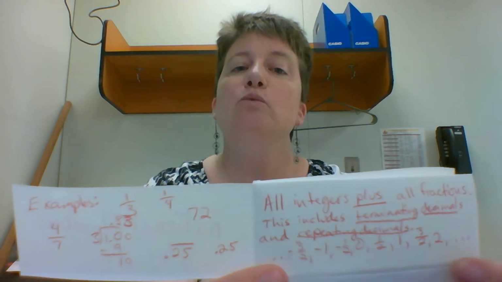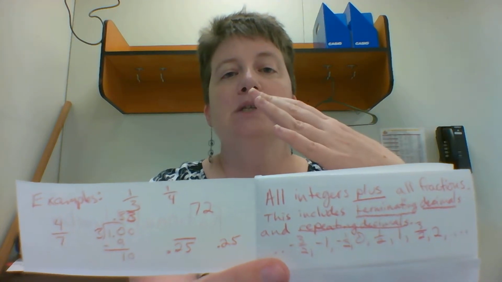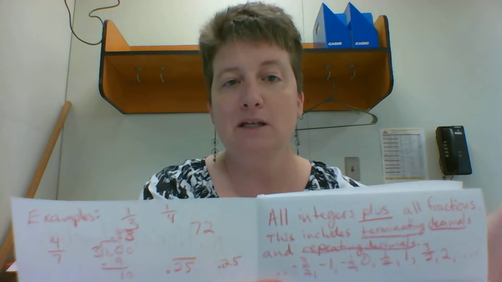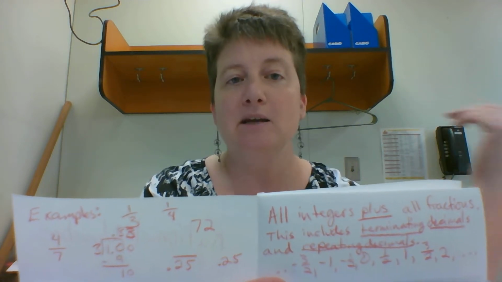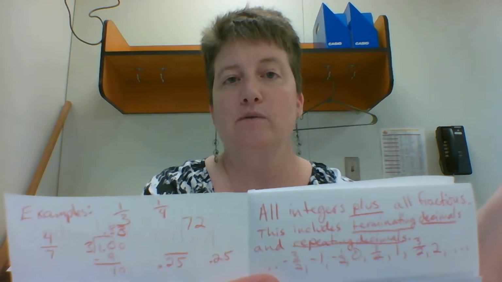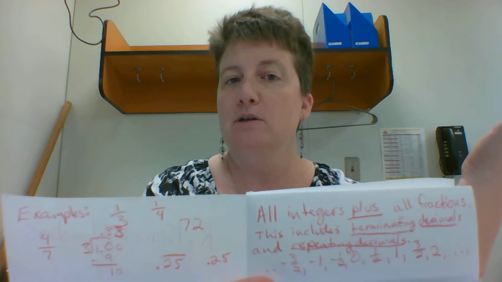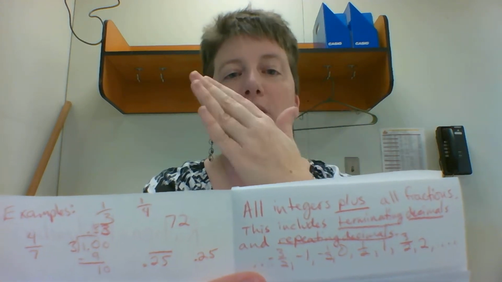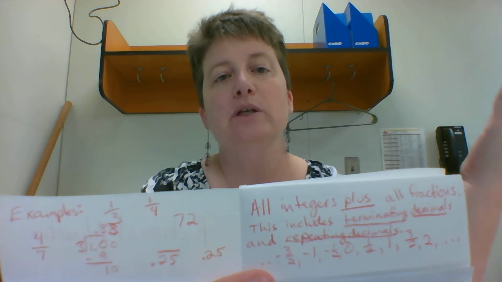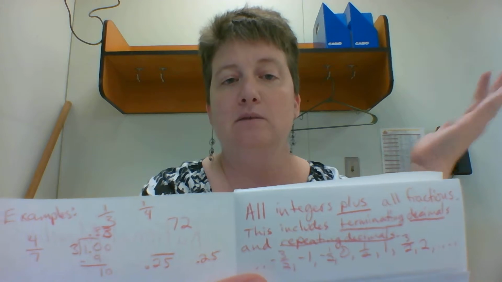There are also repeating decimals. And repeating decimals are those decimals that have an infinite number of decimal places, but they repeat the same pattern of numbers over and over again. An example of that would be the number 1/3, which when you put it into decimal form, it gives you 0.33333, and it repeats indefinitely as a 3.